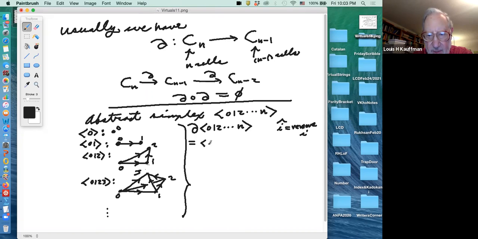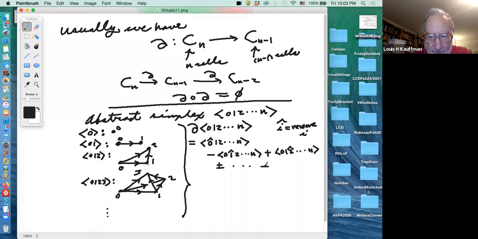So I'm going to take the 0 hat, 1, 2 through n, and that gives me a smaller simplex because the 0 went away, minus 0, 1 hat, 2 through n, plus 0, 1, 2 hat through n, plus and minus and so on, whichever it is, 0, 1, 2, n minus 1, and n hat has been removed.